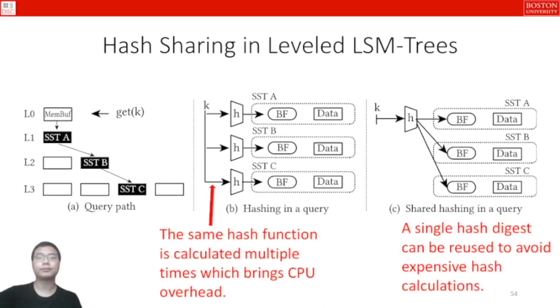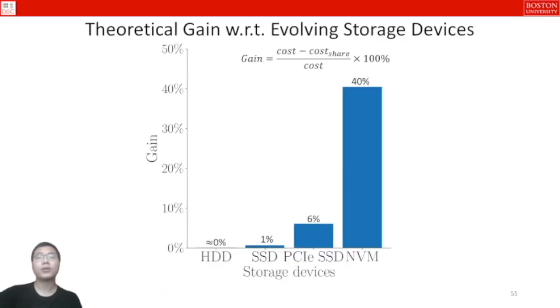calculations. To quantify how much gain can be achieved by hash sharing, we combine the cost model with the speed numbers that we've mentioned above, including hash calculations and storage device accessing. In this figure, the x-axis represents different storage devices, while the y-axis represents the estimated gain.